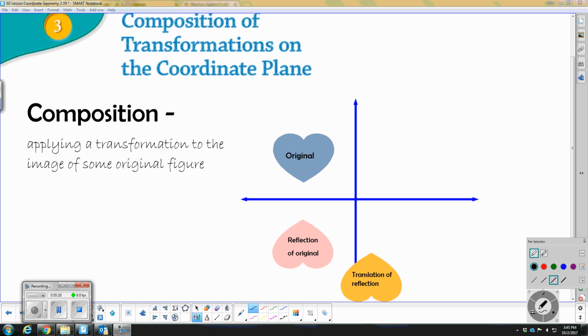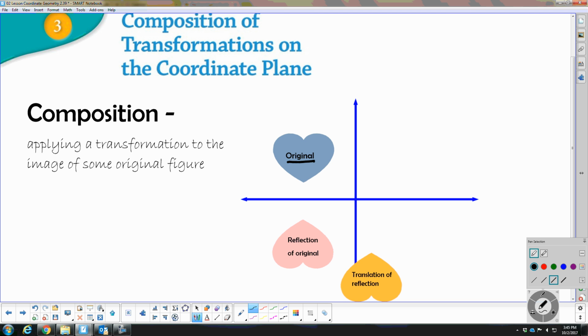So this new key vocab term that we have is called composition, and that's applying a transformation to the image of the original figure. So here's our transformation. Here's our original image. First, I reflected this image to get this pink image, the reflection of the original.